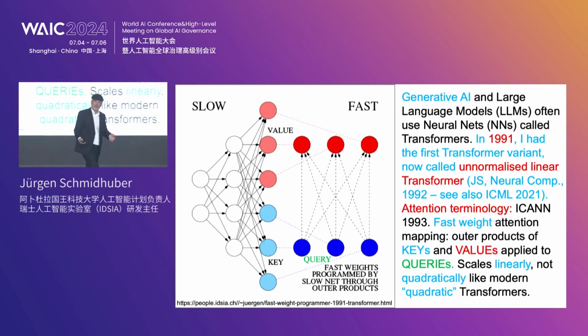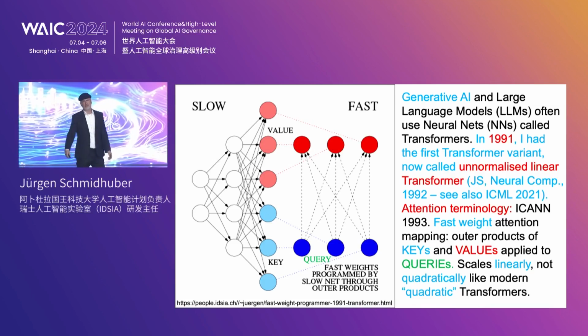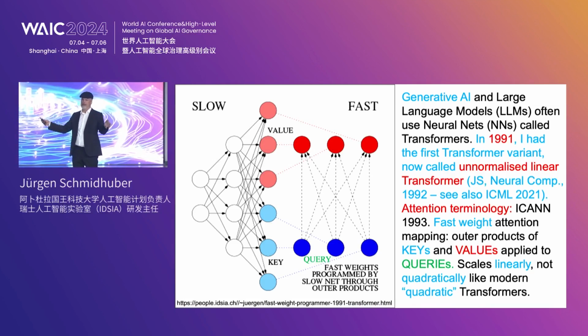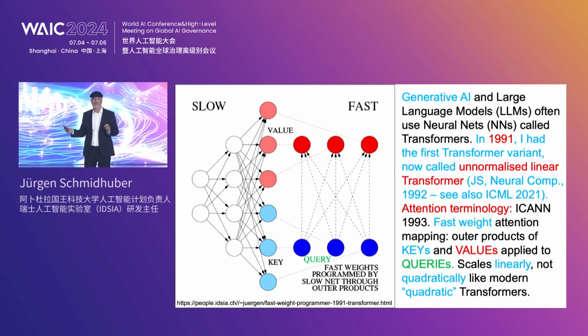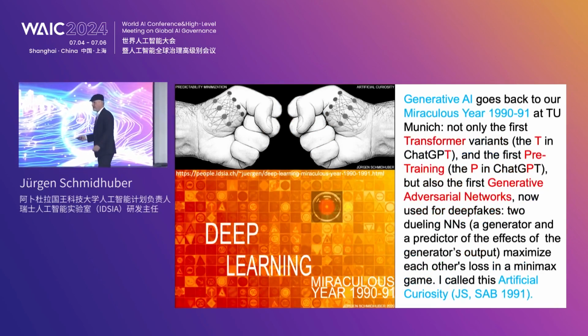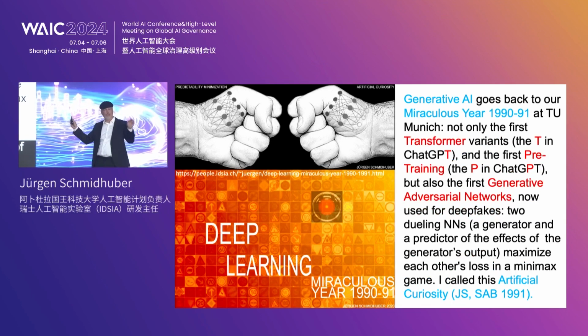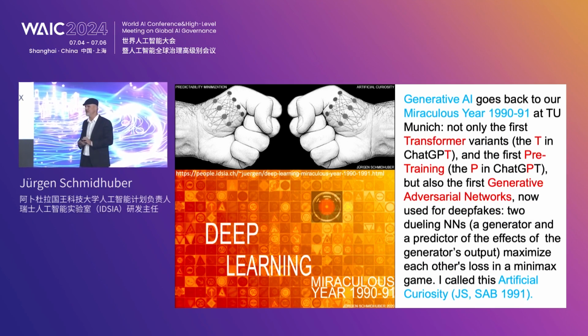So these attention mappings are being applied to the queries that are coming in. For example, predict the next word in this chat. Stuff like that. And I'm rather happy that the G and the P and the T of GPT, they all go back to our miraculous year, 1991, back then in Munich.